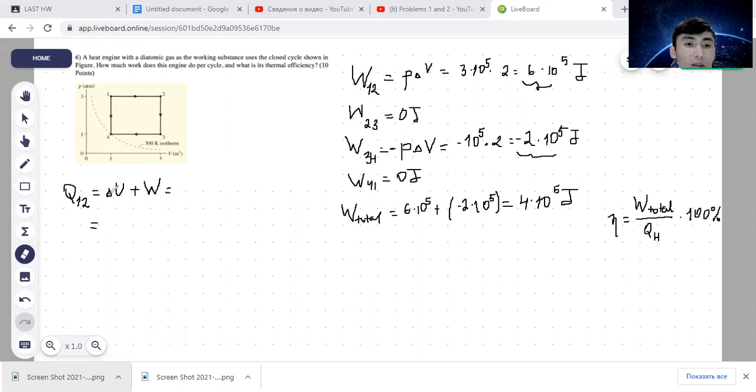So here delta U, as said here, is a diatomic gas. The diatomic gas means here it will be 5/2 nR delta T plus work. Work equals this number, right? We don't need to calculate work for 1 to 2.